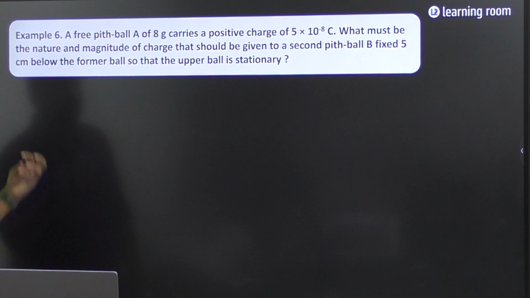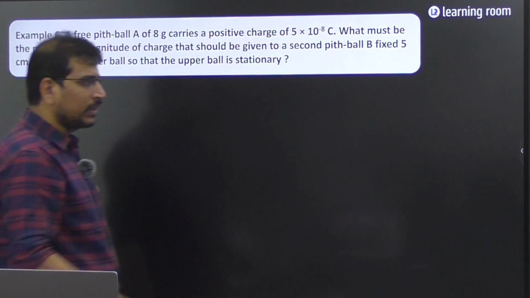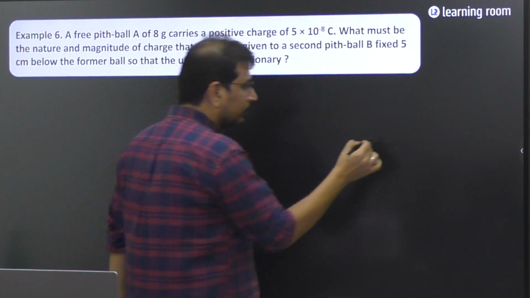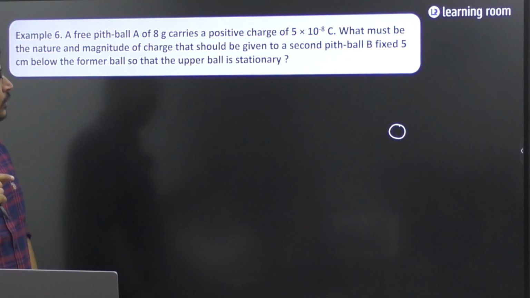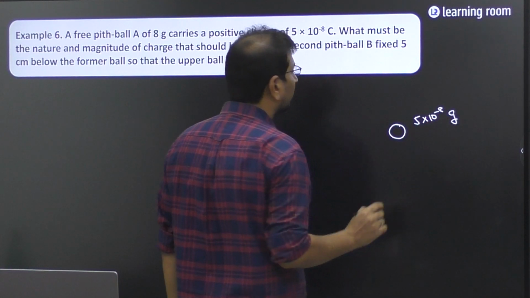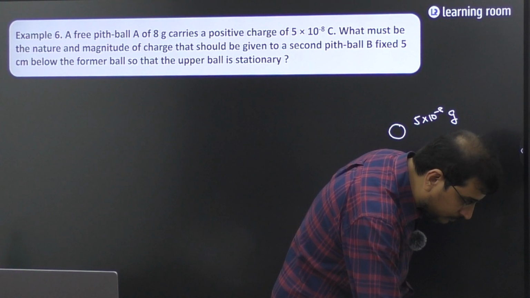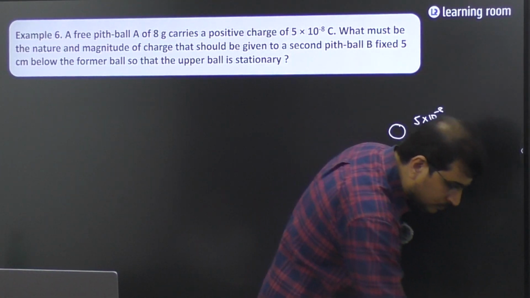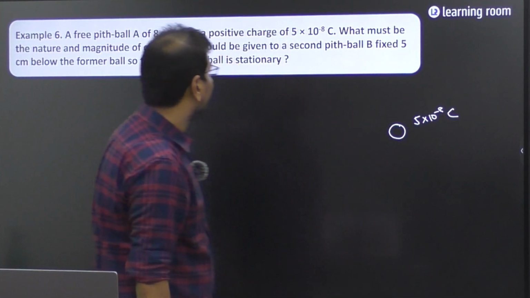So there is a free ball of 8 grams which carries a positive charge. You can imagine the thermocol ball that we saw yesterday. The small balls were there. There is a small ball, a particle, which consists of a charge of 5 into 10 power minus 8 coulomb.